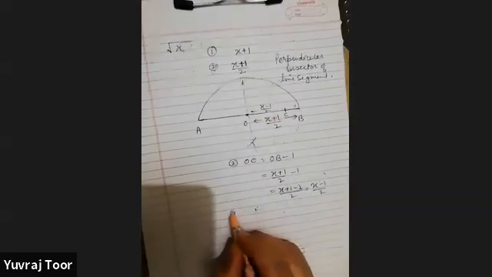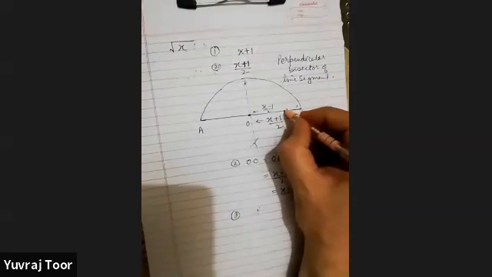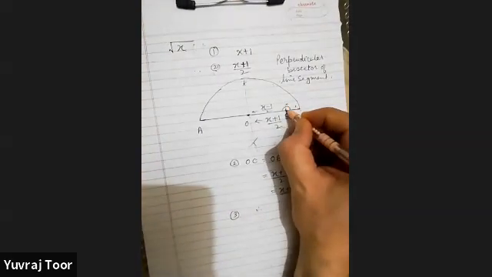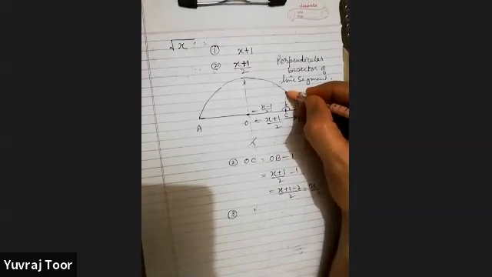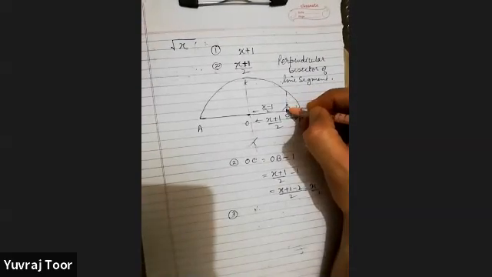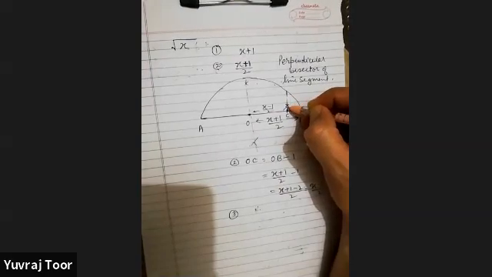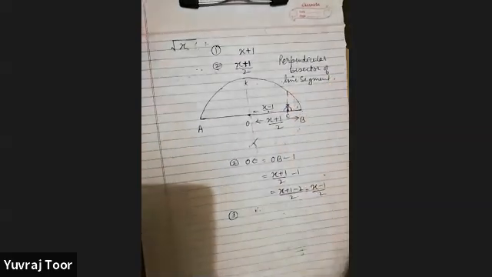Then what did I say? I said take C as center, draw a perpendicular. Why am I doing perpendicular? Because I need the concept of Pythagoras. I'm looking for a right angle triangle and a hypotenuse concept.